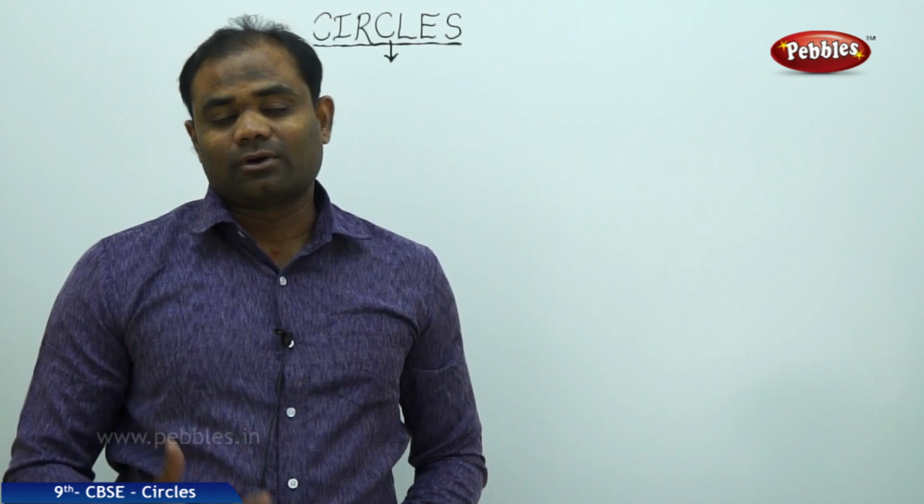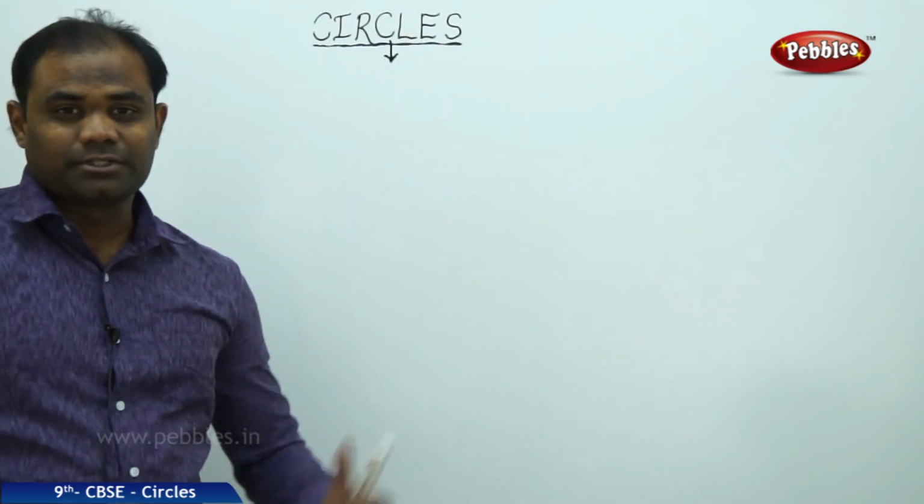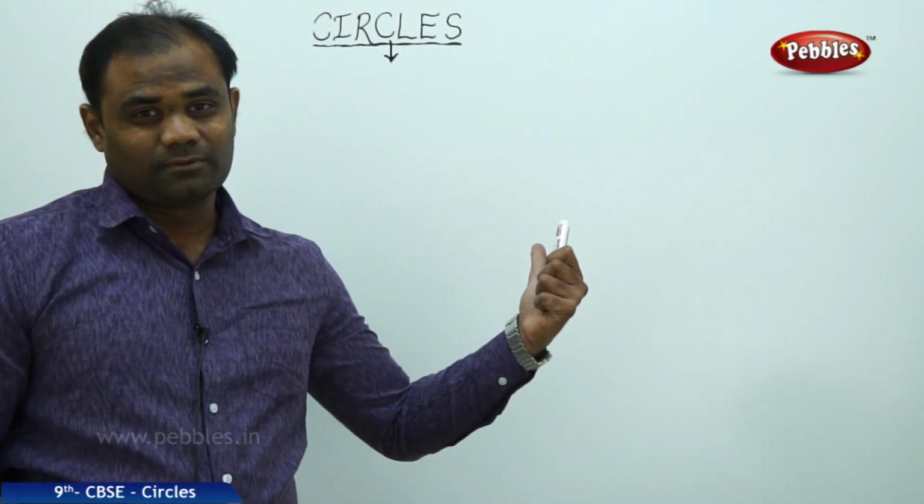Now that we have defined the segments and the arcs and the diameter and the radii, all the different connected properties of a circle, let's see the new property or concept called the sector of a circle. Sector is today's session for the topics of circle.